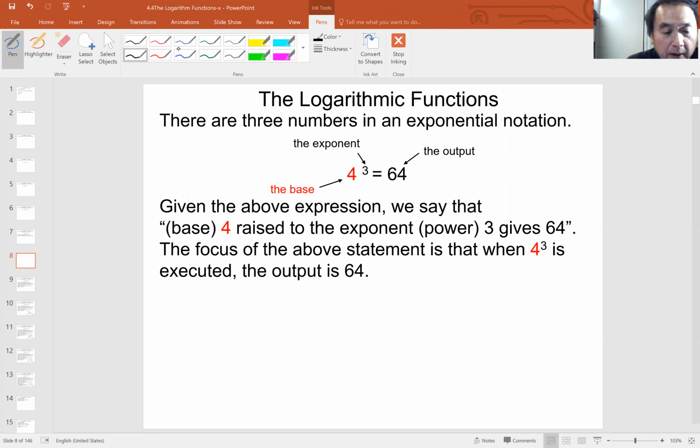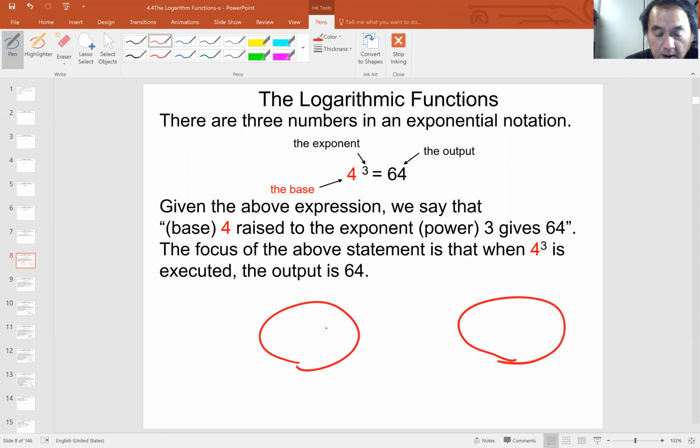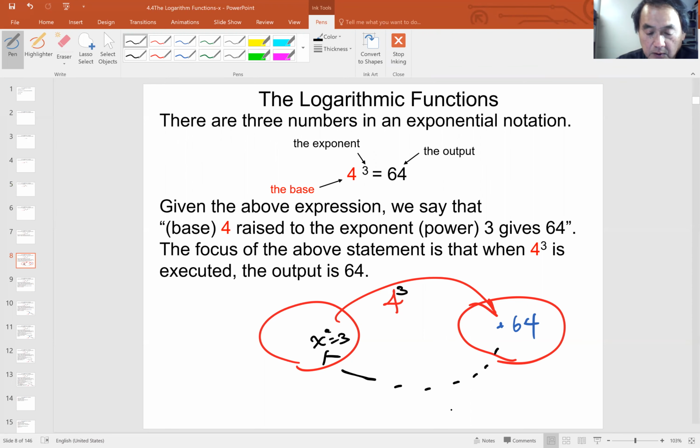And in terms of functions and inverse functions from the last section, this is saying that in the formula 4 to the third power, we're taking the number x equal to 3 and raising it in the formula 4 raised to the x power, in this case 3, and then it ends up being the output 64. And this function has an inverse function, and the inverse function takes 64, and that function we call log of 64.